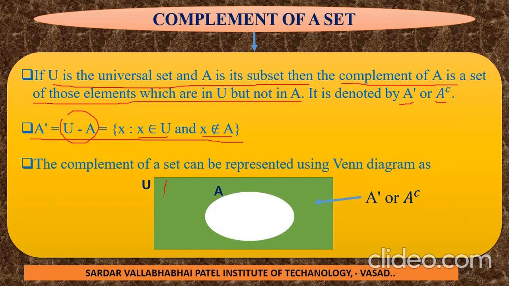This whole green portion is represented by A complement, because all elements which are in U but not in A.